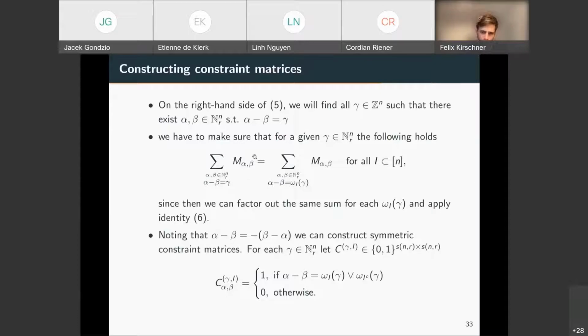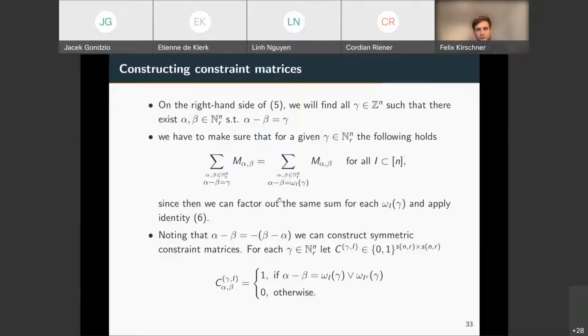The sum of all components of M, indexed by alpha and beta for which alpha minus beta is equal to gamma, needs to equal the sum of all entries M alpha beta such that alpha minus beta is omega_I of gamma, and this should be true for every subset I of [n].